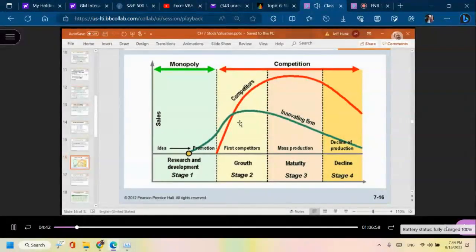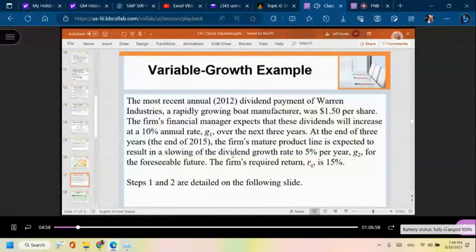You see this cursor moving, I hope. So if it says a rapidly growing company, then there will be a slow or constant growth phase later.